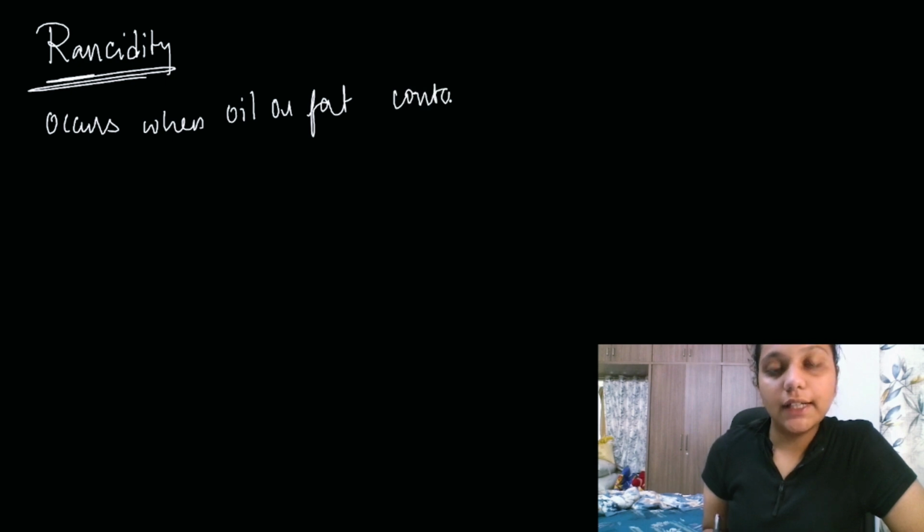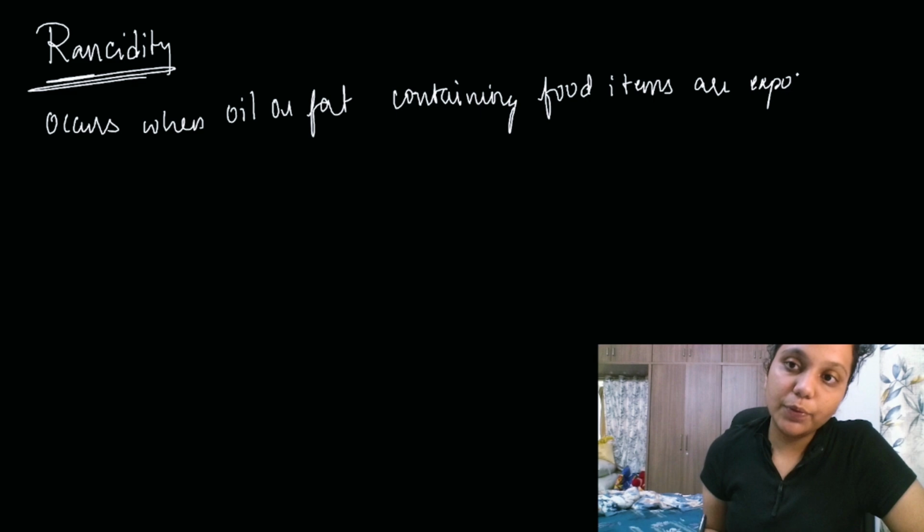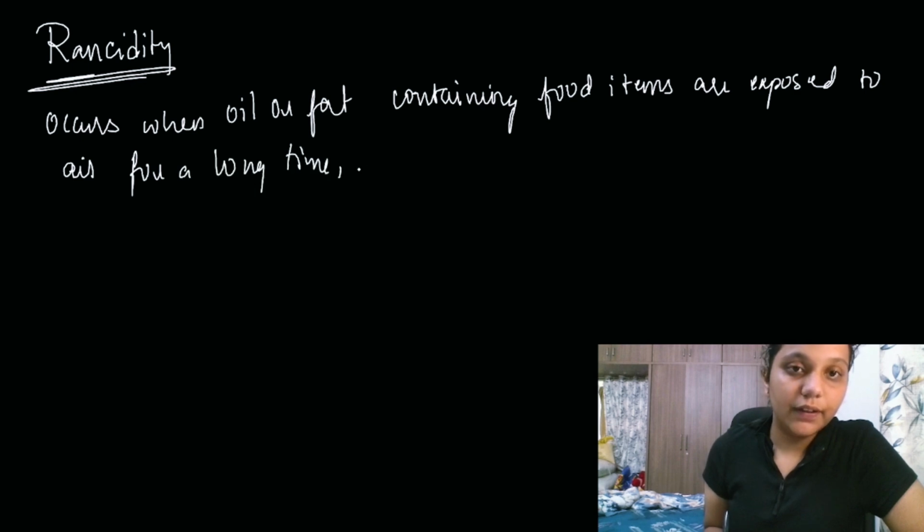Now the last topic, which is rancidity. So what is rancidity? Rancidity occurs, you write the definition, when oil or fat containing food items are exposed to air for a long time, leading to oxidation.